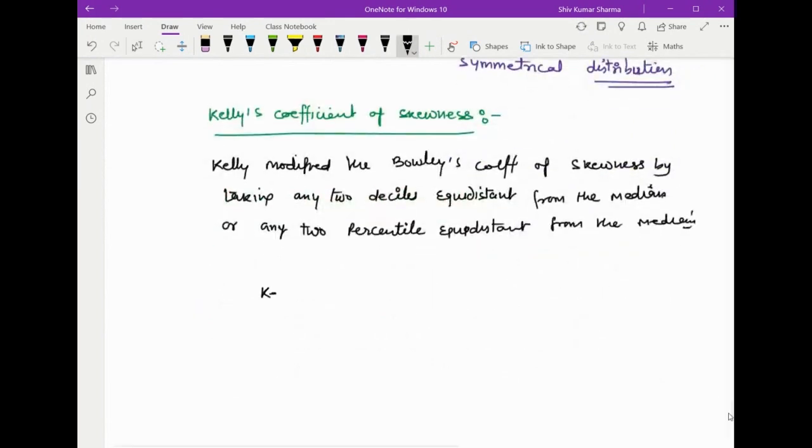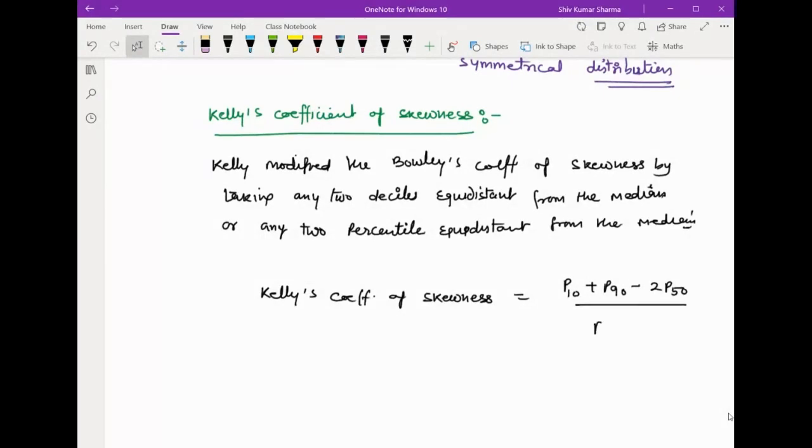So Kelly's coefficient of skewness we can calculate on the basis of percentile: P10 plus P90 minus twice of P50 upon P90 minus P10. Same formula as quartile 1 plus quartile 3 minus twice the median upon Q3 minus Q1. So here is the percentile case.